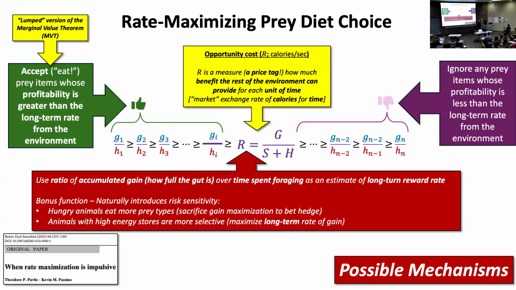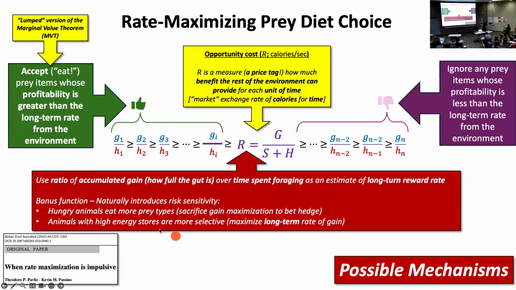Hungry predators will do different things than satiated predators. Hungry predators effectively sacrifice gain maximization to bet hedge. They eat everything because they don't know what's coming, and that helps them buy down uncertainty. They give up their gain because they're not eating the optimal diet, but they get less uncertainty. So it's this natural bet hedging that occurs.